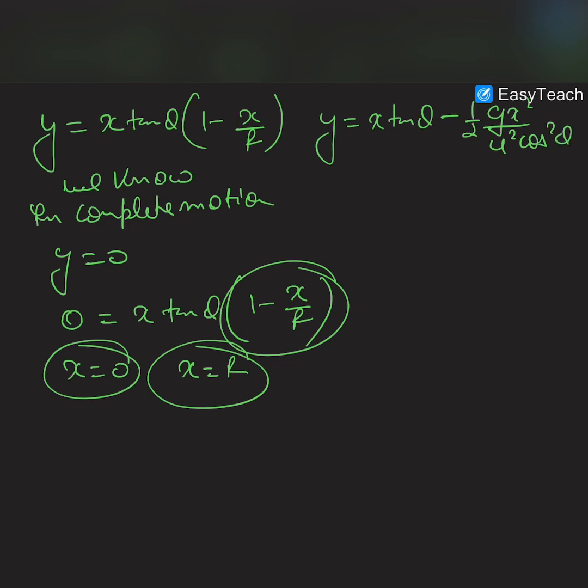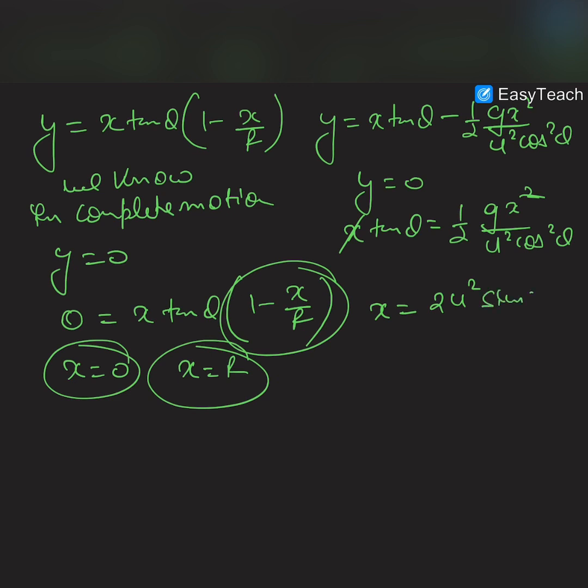In complete motion y is 0, so x tan theta is equal to half g x square upon u square cos square theta, and cancelling out x with x, x will be equal to 2u square tan theta into cos square theta, which is sin theta cos theta, divided by g.